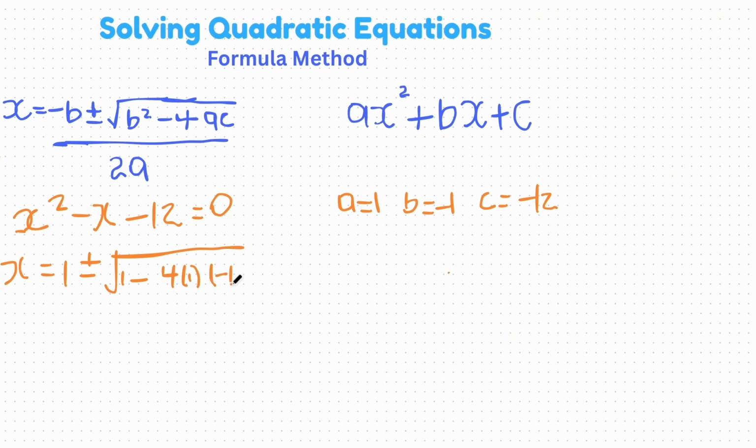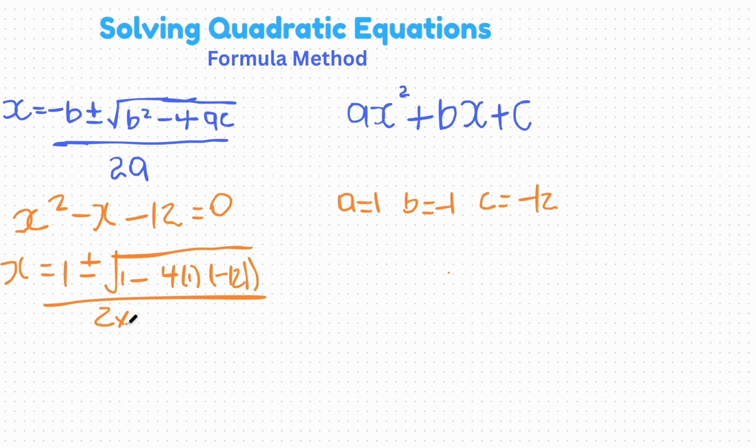Negative 12. Divided by 2 times a, which would be 1.